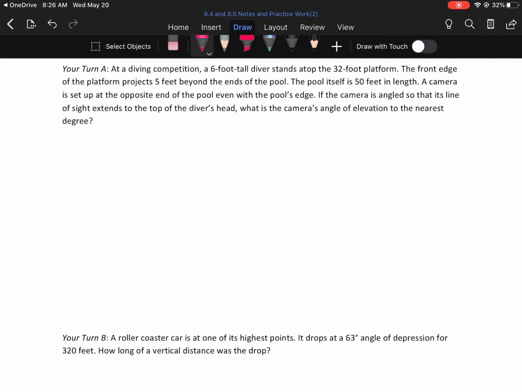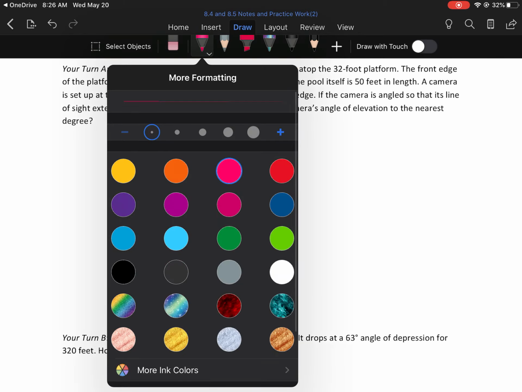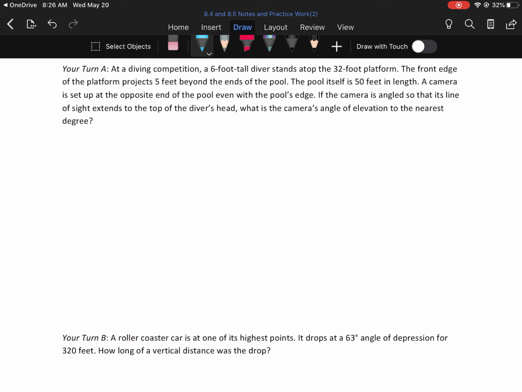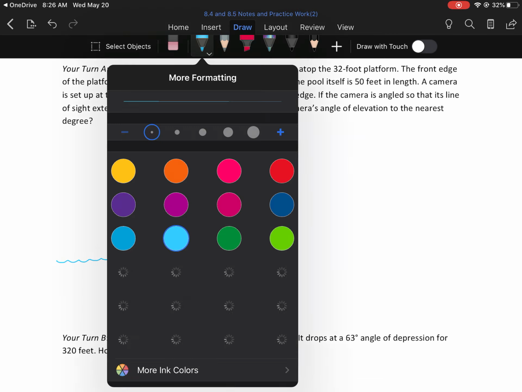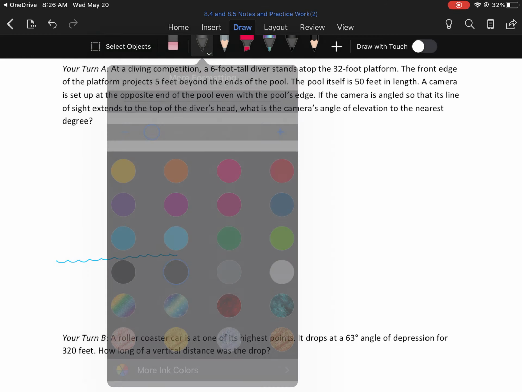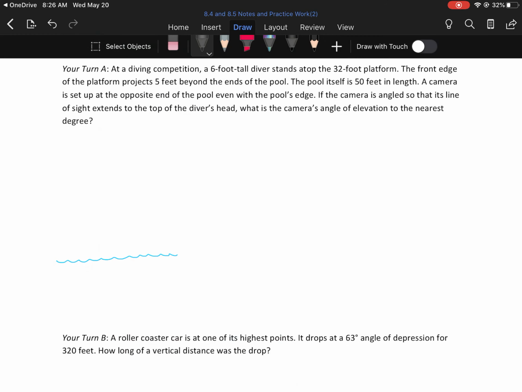All right, so I was picturing this in my head as I was going. First of all, we have a pool. Oh, I can add color to this. All right, so there's our pool. I'll put our little camera down here. It's not going to look like much of a camera.